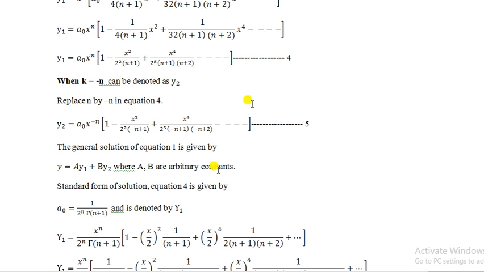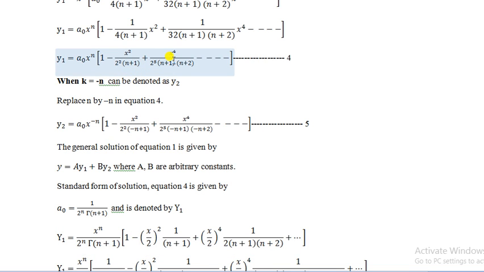So the standard value of equation 4 is denoted as capital Y1. So substitute the a naught value in equation number 4. So it becomes x raised to n, a naught is 1 by 2 raised to n gamma of n plus 1, and 1 minus x square by 2 square, that is (x by 2) square, 1 divided by n plus 1.